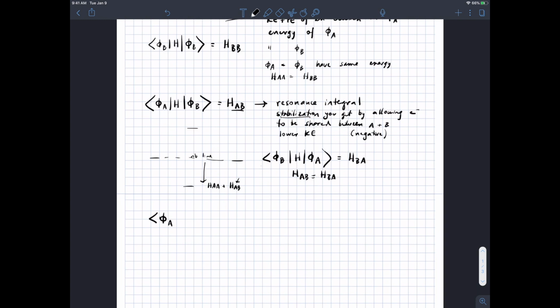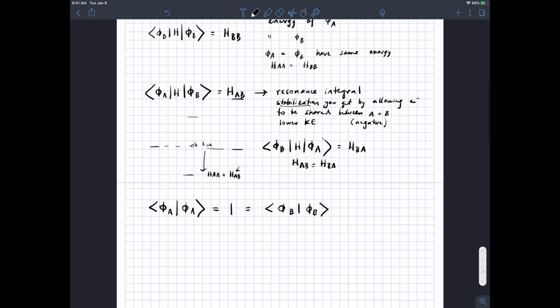The integral of the wave function for A times its complex conjugate over all space, we're going to call that equal to 1. Has to be, right? The probability of finding an electron in that atomic orbital integrated over all space has to be 1. Okay, and that is going to be true for the same analogous integral for atom B.